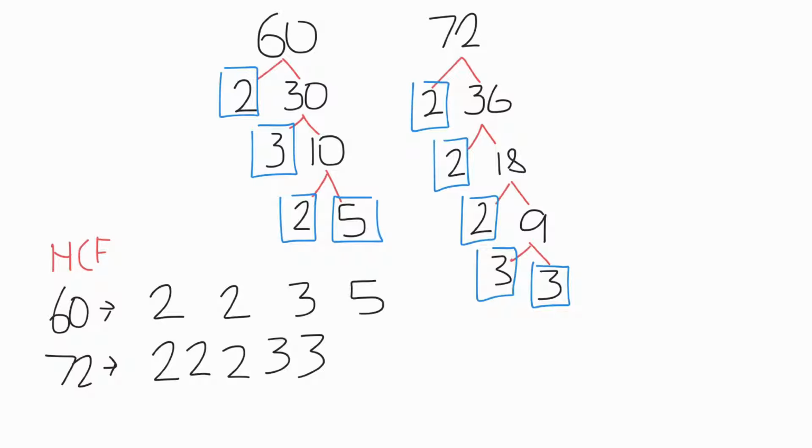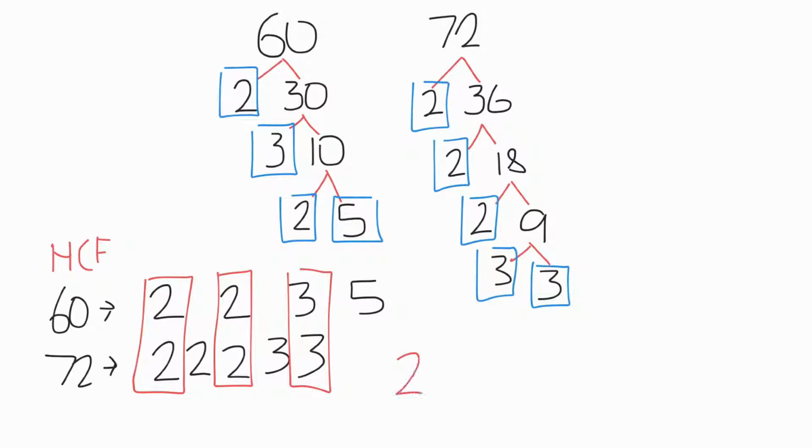So for the highest common factor, we look what's common to both. So we've got a 2 that's common to both, another 2 that's common to both, and a 3 that's common to both. So 2 times 2 is 4, times 3 is 12. So 12 is the highest common factor.